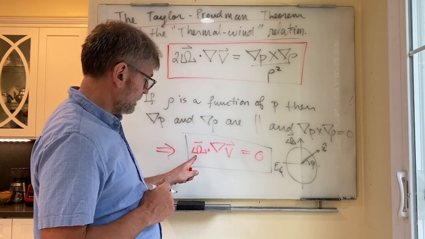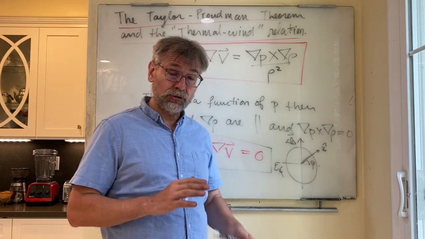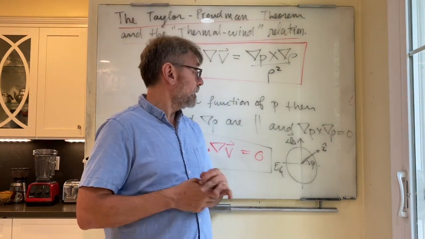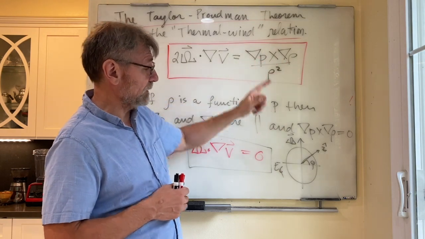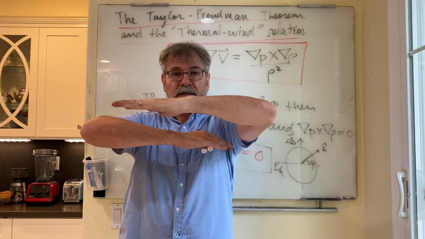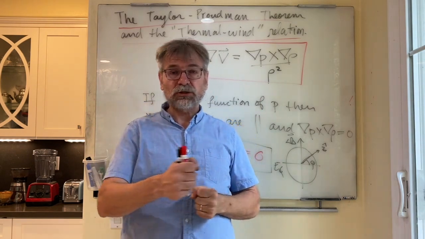Then this here will be the vertical direction, and it says that to the extent that this term vanishes, grad P and grad rho vanishes, that the surfaces of constant density and pressure are parallel to each other, then the fluid will move as a rigid column.